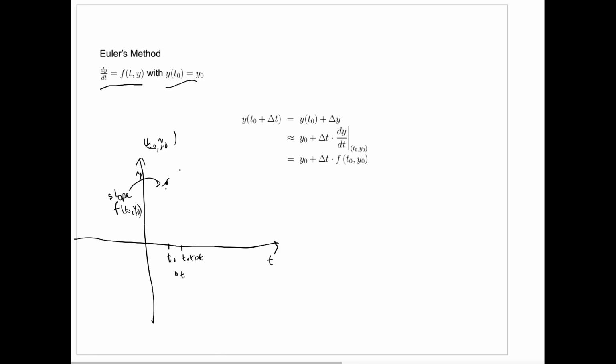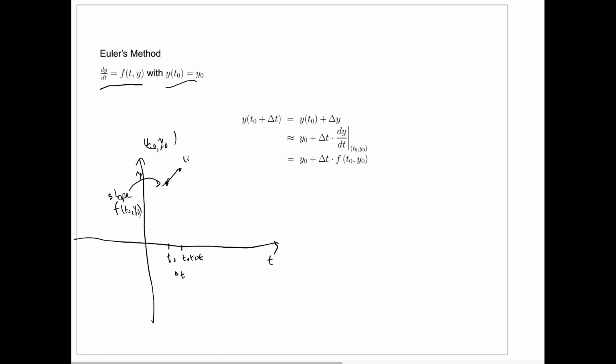Without knowing the exact solution, we don't know exactly where that is. But if all we know is that we start at the point t naught, y naught, and at that point the slope of the tangent line should be f of t naught, y naught, we can, as a first guess, assume that the graph of the function is just a straight line segment there with that same slope. And then what will the coordinates here be?